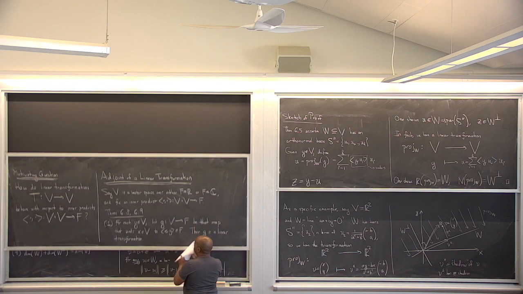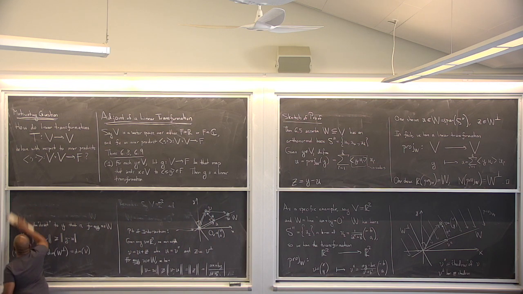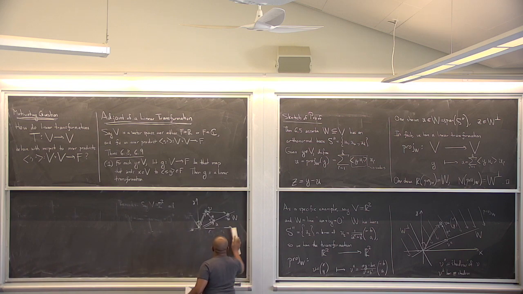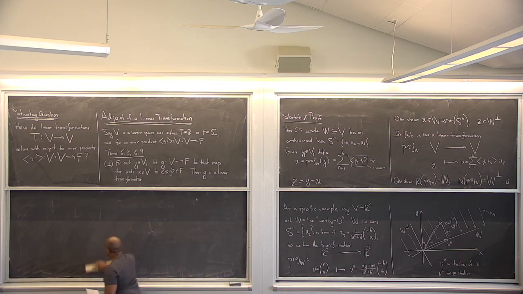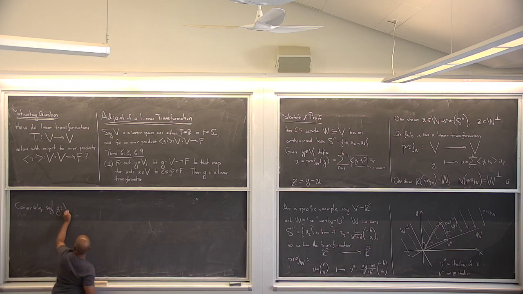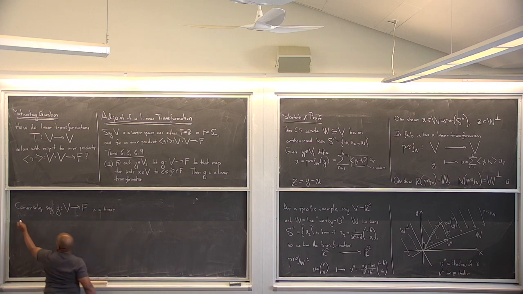Right, I want to say something a bit stronger than this. Conversely, let's say that G, so notice now that this is going from V to F, right? Not V to V, but V to F. Let's say that this here is a linear transformation.